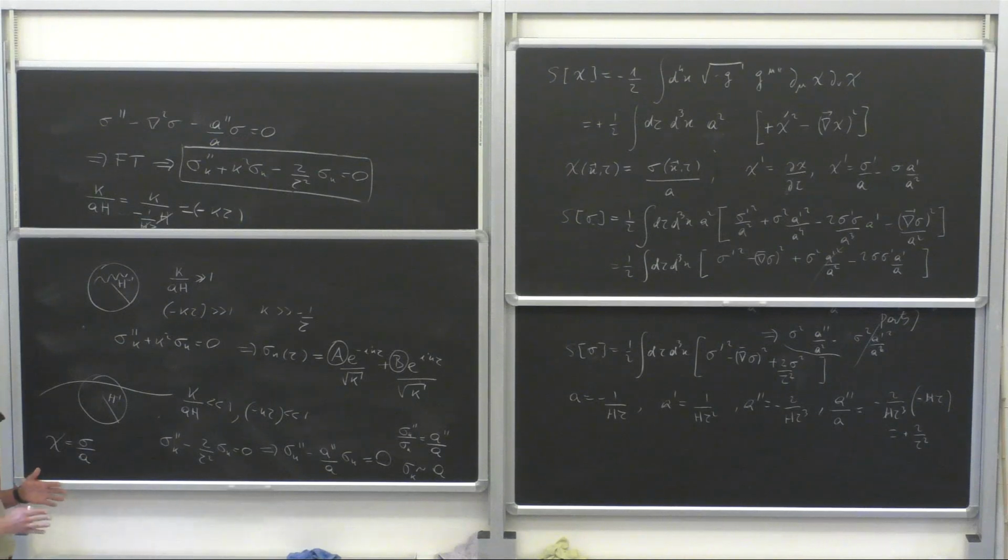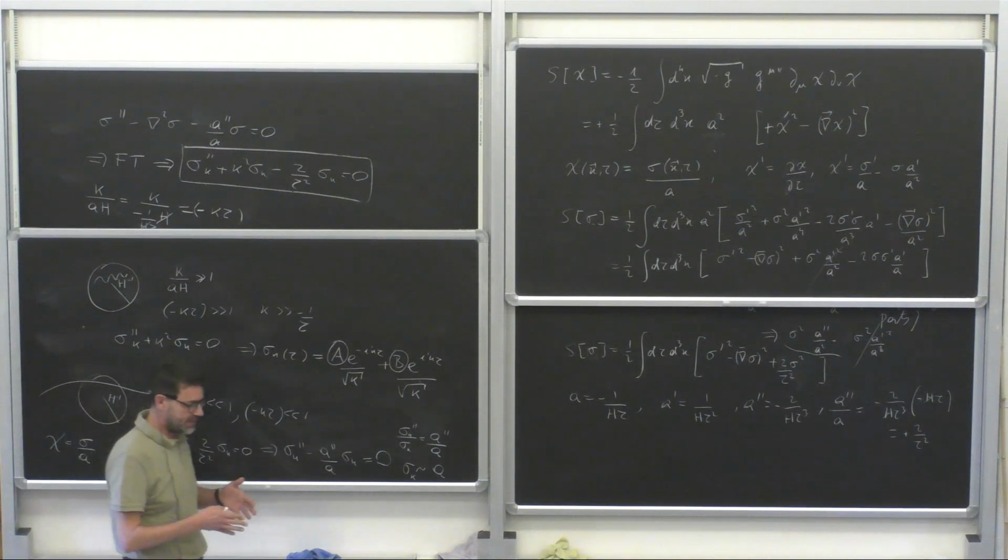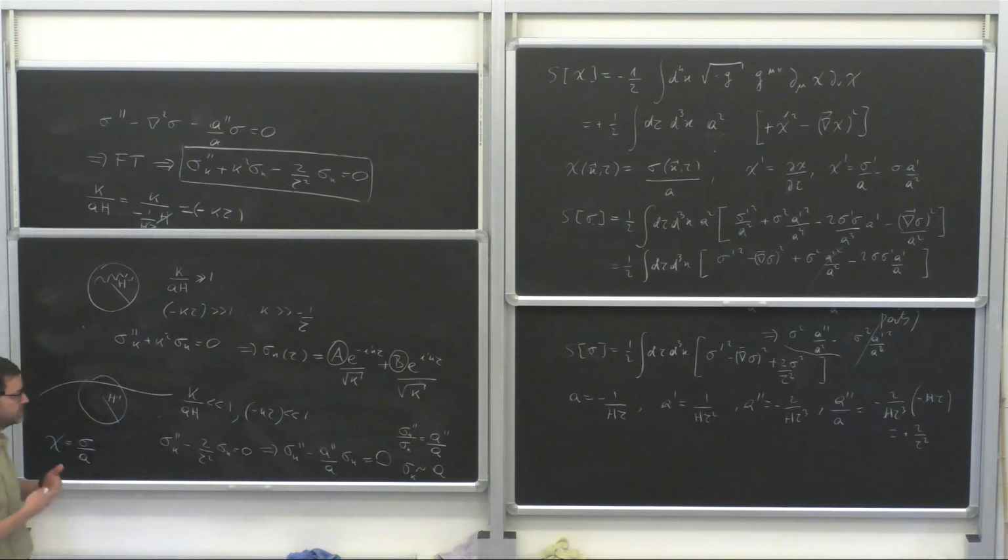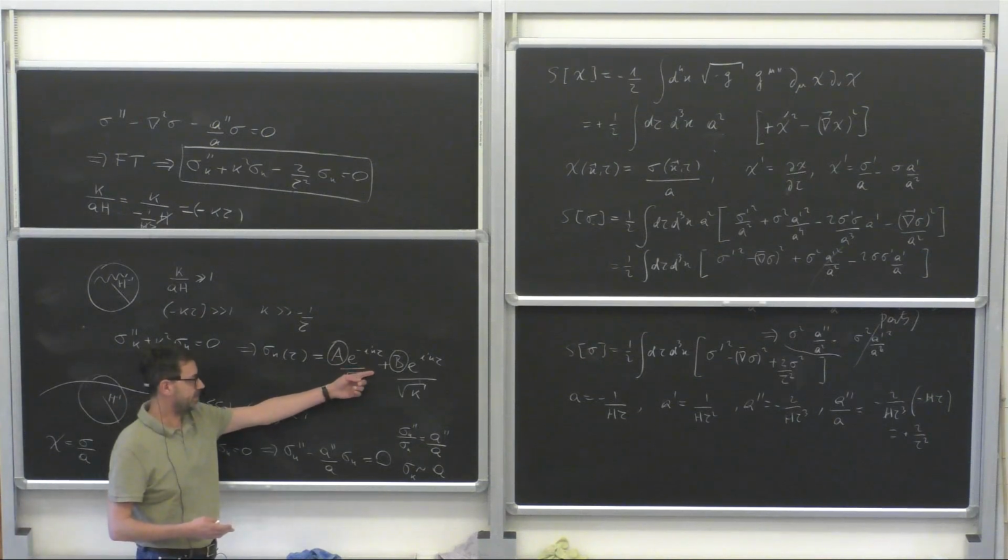Every time you choose these coefficients deep in the Hubble radius, in the Minkowski limit, you are basically defining your vacuum. Okay, so you say my vacuum at a given instant of time has a given number of properties, and according to the property that you want to impose on your vacuum, you choose the coefficients A and B properly.